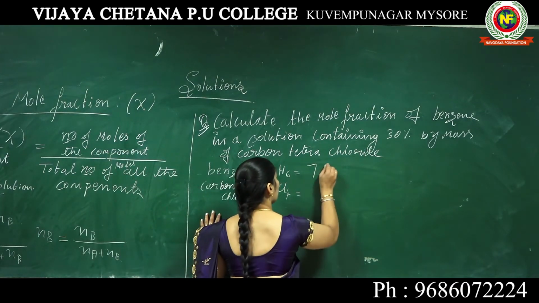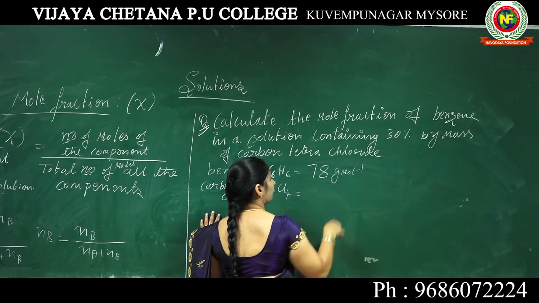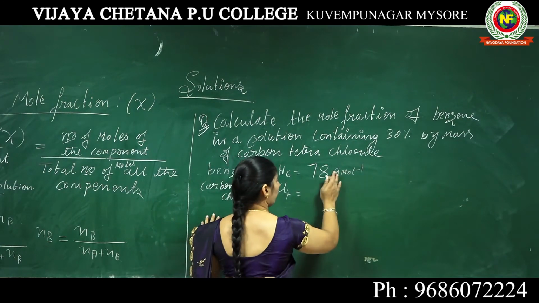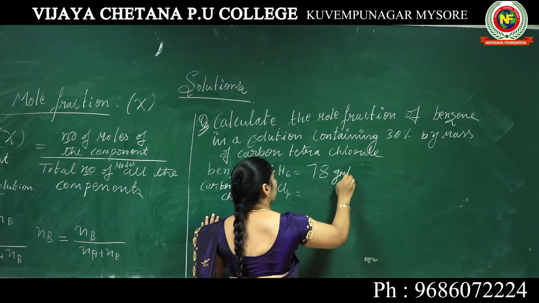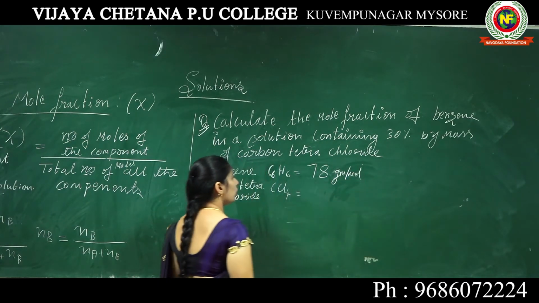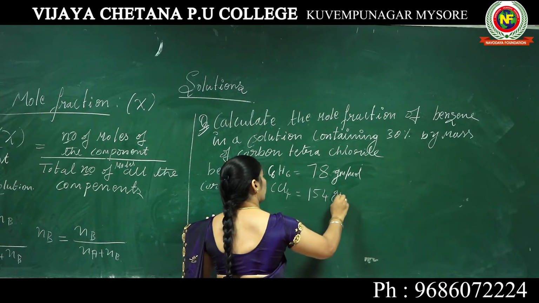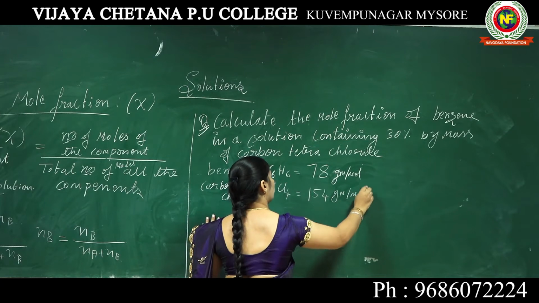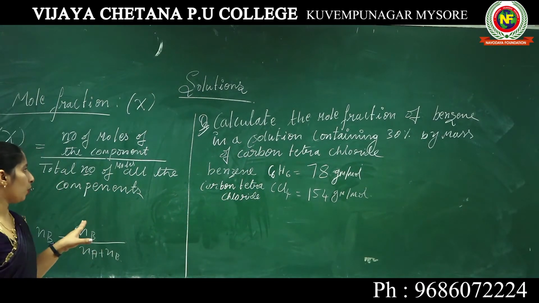Benzene has a molecular mass of 78 gram per mole. Carbon tetrachloride has a molecular mass of 154 gram per mole.